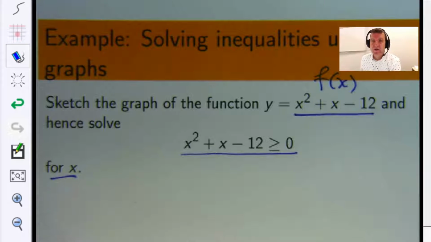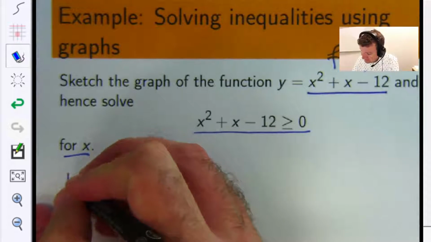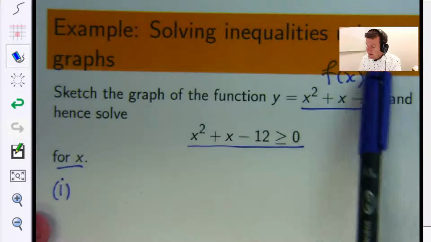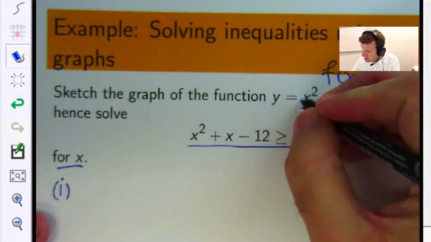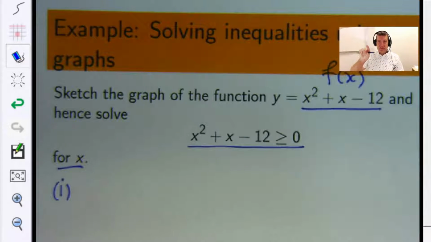Okay, so we're going to go through it. It's not a particularly difficult problem, but you can use the ideas in this problem to solve lots of other problems. Okay, so first of all, let's look at the graph. This is a quadratic function. The coefficient, the number in front of the x squared, is positive, so the quadratic function will look like a u rather than an n.